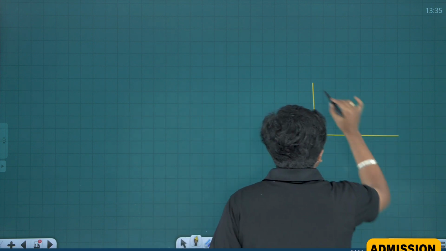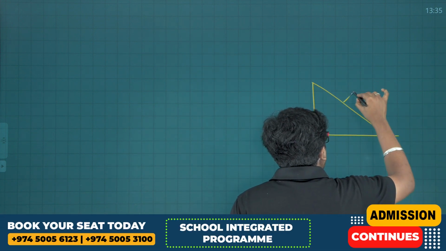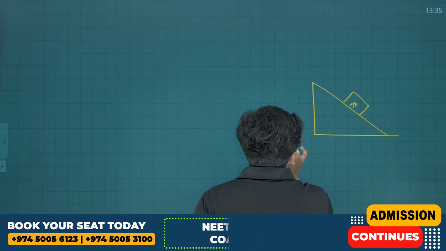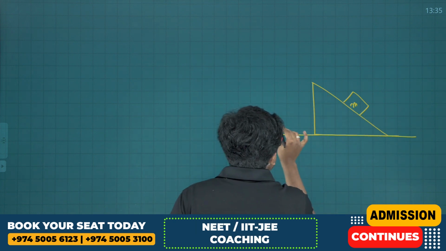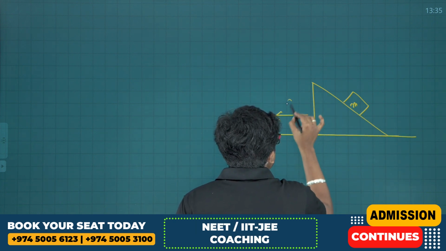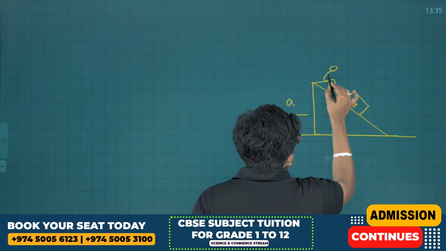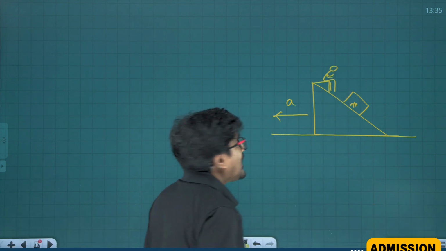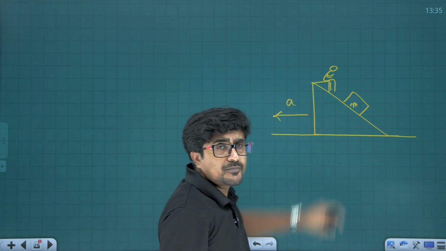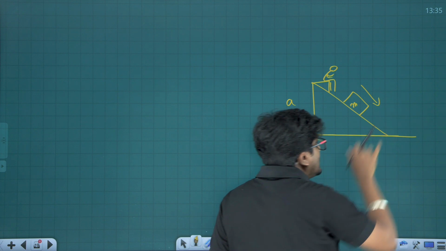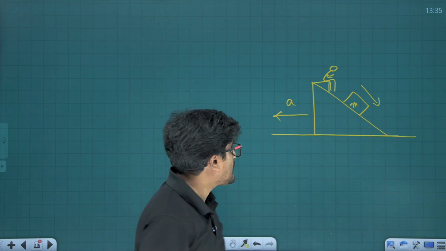Here this is the wedge, and here I am having a mass small letter m, and this wedge is allowed to move towards left with an acceleration of a. Now I am having an observer sitting here. Now with respect to this particular observer, what is going to be the acceleration of this block in the downward direction? That's the question.